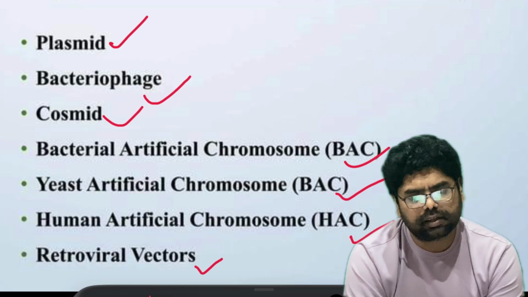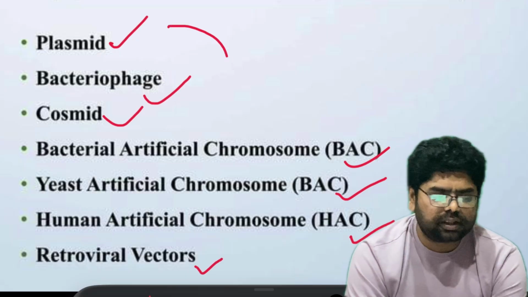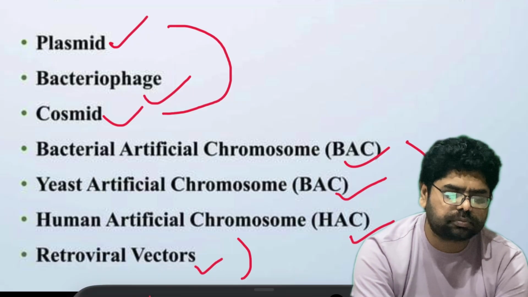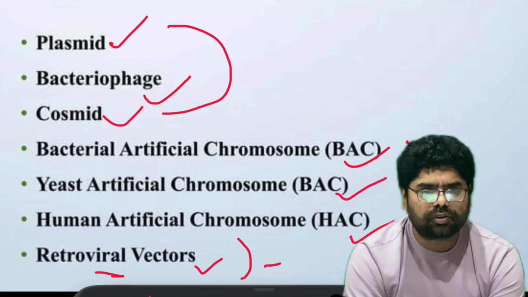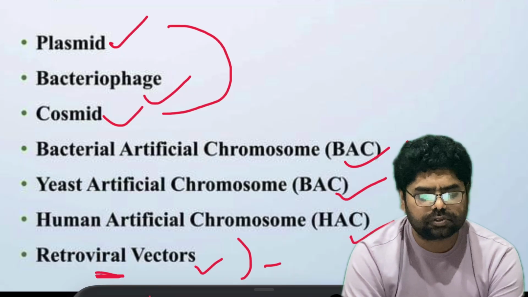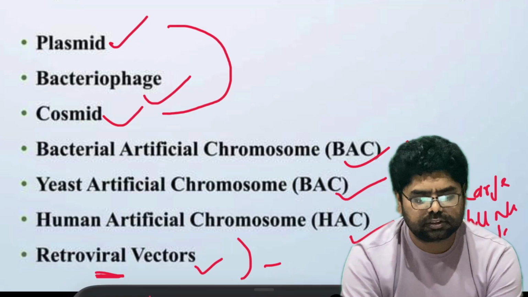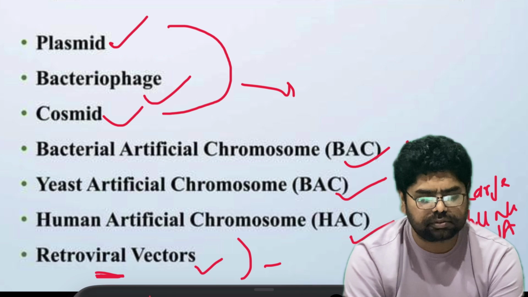Now let us see what are the types of cloning vectors. There are different types of cloning vectors like plasmids, bacteriophages, cosmids, bacterial artificial chromosomes, yeast artificial chromosomes, human artificial chromosomes, and retroviral vectors.